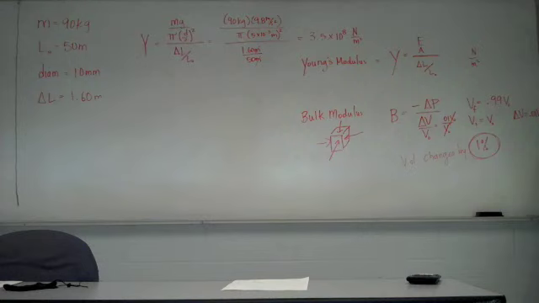Whatever percentage it changes by is the strain. Now you have to write it as 0.01 in the decimal place, but whatever percent changes is your strain itself. So the delta V over V naught is the 0.01 that it changed by. Then you can relate it to pressures, knowing the bulk modulus.